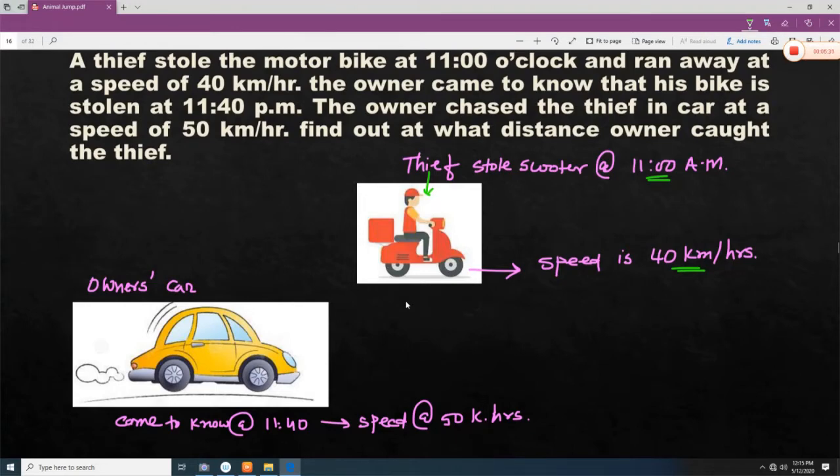So this is the owner. He came to know at 11:40, which means after 40 minutes. The owner chased the thief in a car at a speed of 50 kilometers per hour. So this is the owner's car, running in the same direction at a speed of 50 kilometers per hour. So both are running in the same direction.